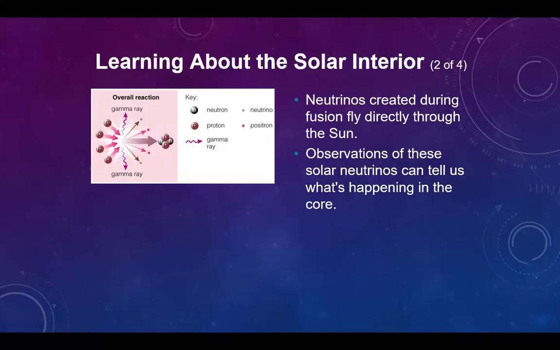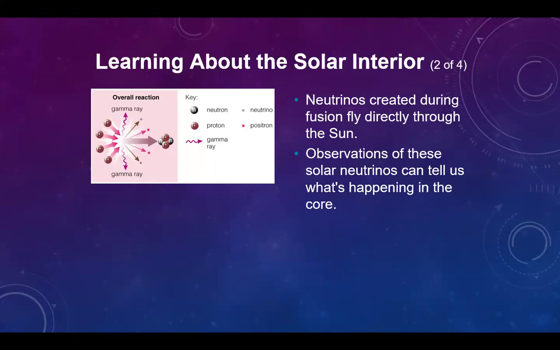We're making a lot of helium nuclei. And so the core is pumping out lots of neutrinos, solar neutrinos. Now, observations of these neutrinos can give us information about what's happening in the core.